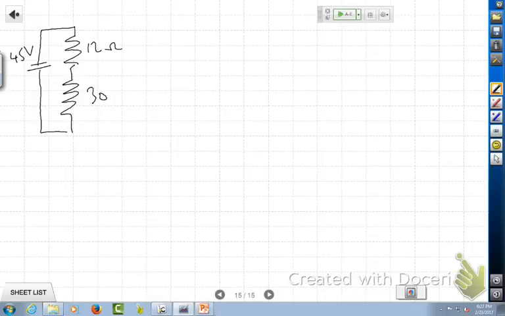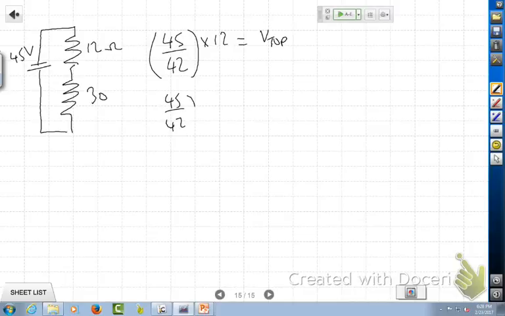So you want to know the voltage on each one of these? What you do is you say, okay, I have 45 divided by the total, which is 42. That's how many volts you get per ohm. So times 12 equals V top. 45 over 42 times 30 equals V bottom.